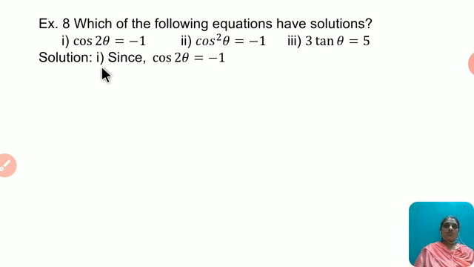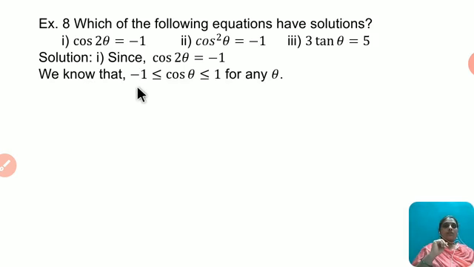So the solution for the first: we have the trigonometric equation cos 2 theta is equal to minus 1. Now we know cos theta lies in minus 1 to 1. We use that result here. We know that minus 1 is less than or equal to cos theta, which is less than or equal to 1 for any value of theta.